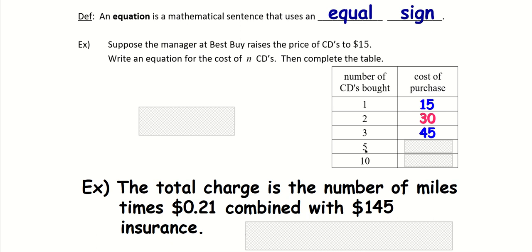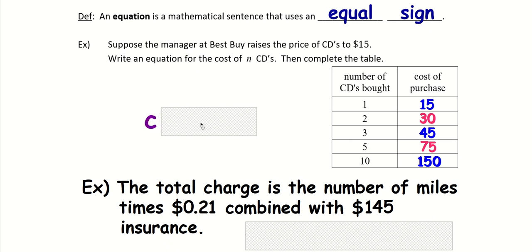How about 5 CDs? If each one costs $15, that's $75 total. And then for 10 CDs, $15 each, that's $150. So what would be an equation for n CDs?